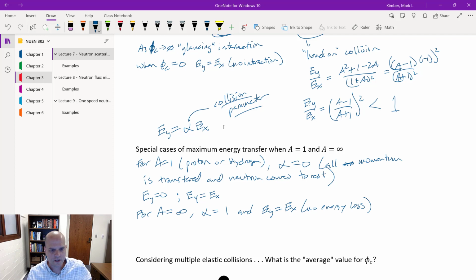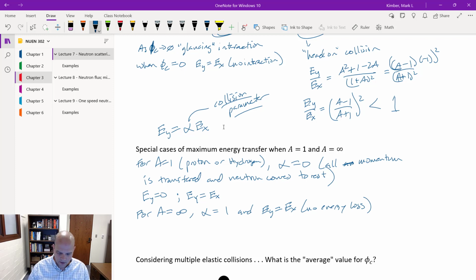Do I just assume that it's a head-on collision every time? Well, that's probably not going to be super accurate. Do I choose a different value of c? Do I choose 45 or 90? That's kind of the average. And the answer to that is we're going to need to integrate over all the possibilities that phi could be.